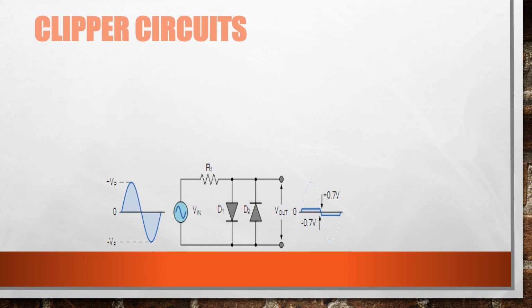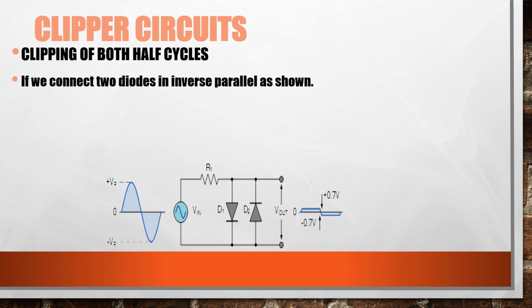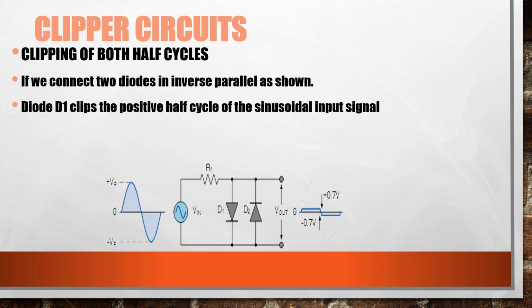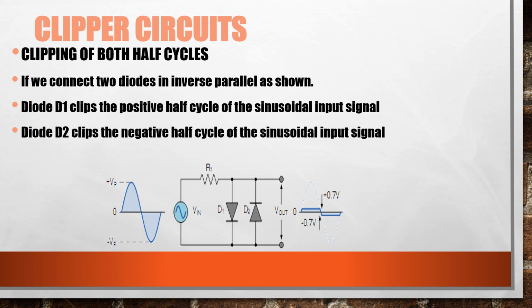Now, we will understand clipping of both half cycles. If we connect two diodes in inverse parallel positions as shown in this figure, then both the positive and negative half cycles would be clipped because diode 1 clips the positive half cycle of the input signal while diode 2 clips the negative half cycle of the input signal.